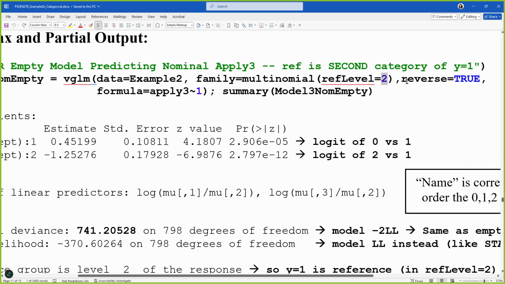May I mention one other thing that could be confusing when you're doing your assignment? If you have the wrong reference level, you can still get the right deviance number. Yep, because it's an alternative version of the same model. Reverse equals true means I want intercepts. And then otherwise the formula looks like just a standard empty model.